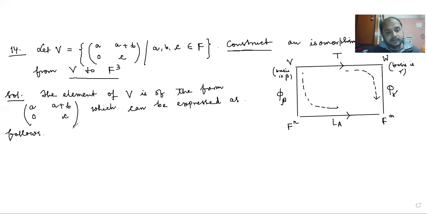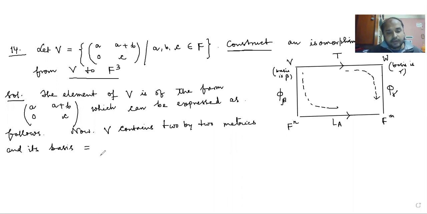Now you see, V contains 2 by 2 matrices, and its basis contains the following elements. What are these elements? E11, E12, E21, E22.